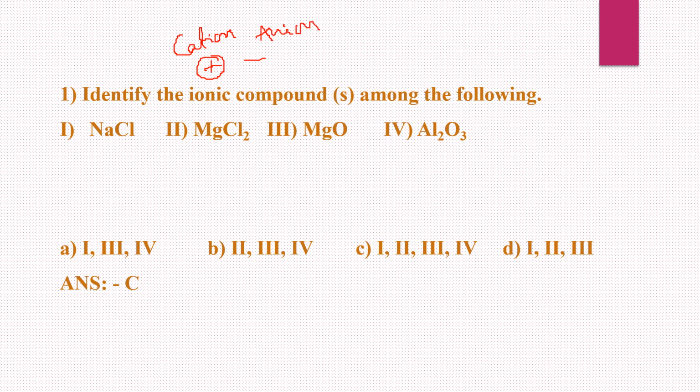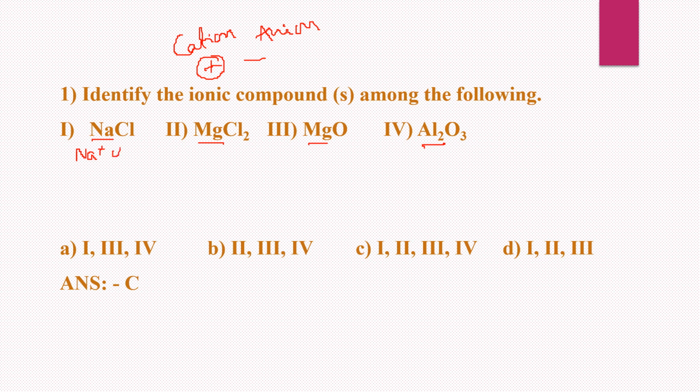So here, if metals are present, Na is a metal, magnesium is a metal, and aluminum is also a metal. Metals are ready to donate and non-metals are ready to accept.